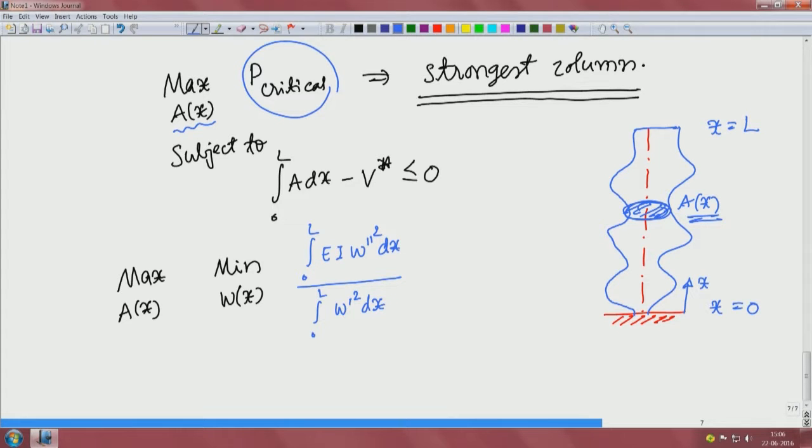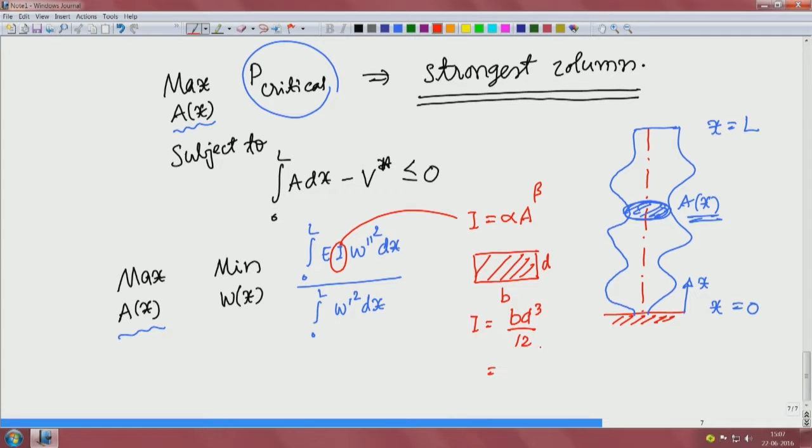Where is A here? We had already discussed that it is actually in I. We had noted that I can be written as some number alpha times A raised to beta. It depends on the cross section shape. If I have a rectangular cross section with breadth B and depth D, then I, as we know, is B d cube by 12.